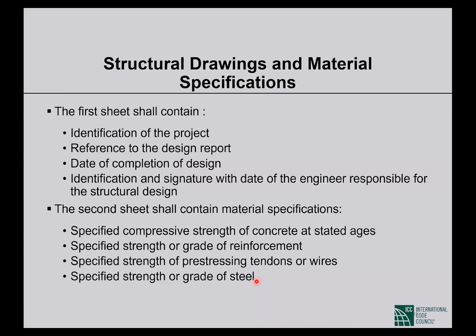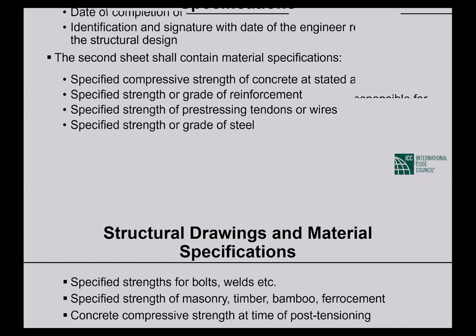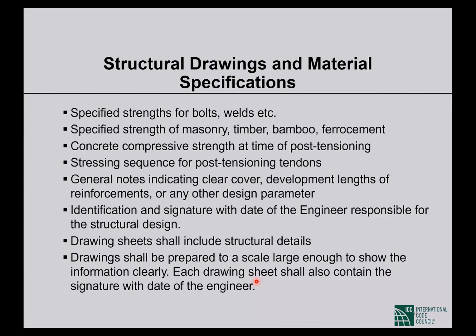Specified strength of pre-stressing tendons or wires, if there is any pre-stressing. Specified strength or grade of steel. This steel is actually structural steel if you use any joist or channel sections. So what is the grade of that steel? Specified strengths of bolts, welds, etc.